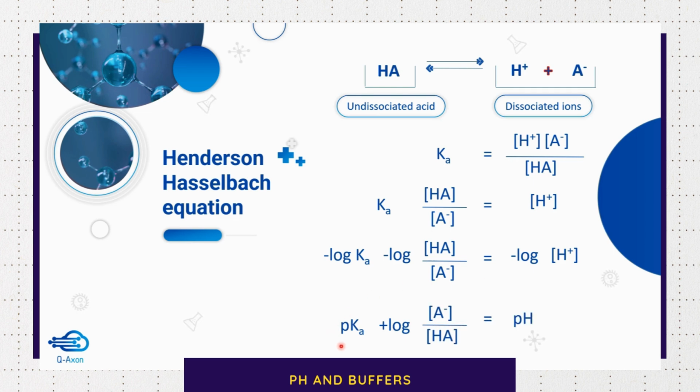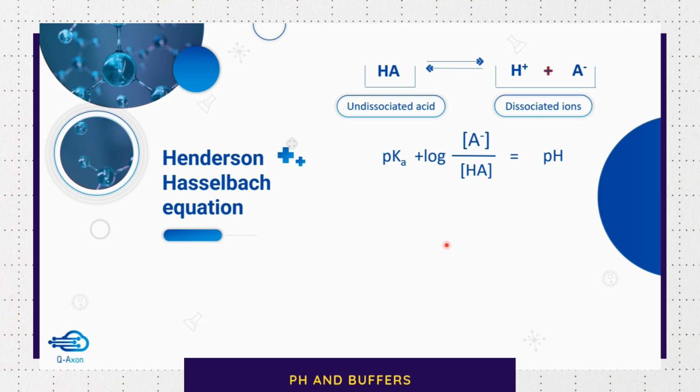You see here we have changed the sign, so it becomes pKa plus log, and when we change the sign of the log, we have to change the numerator and denominator, we just have to invert it. So it becomes pKa plus log of the conjugate base divided by the undissociated acid is equal to pH, because minus log H+ is the pH. So this equation which we are seeing is the Henderson-Hasselbalch equation.